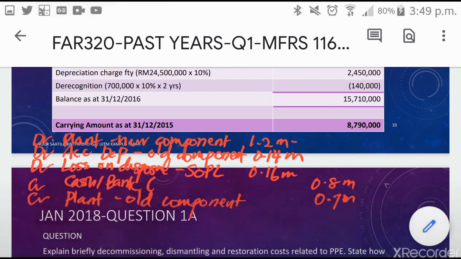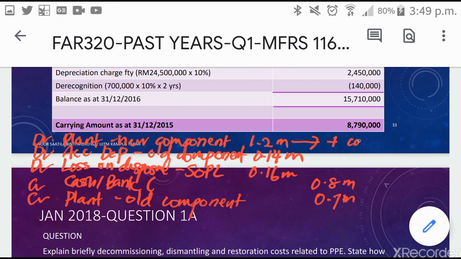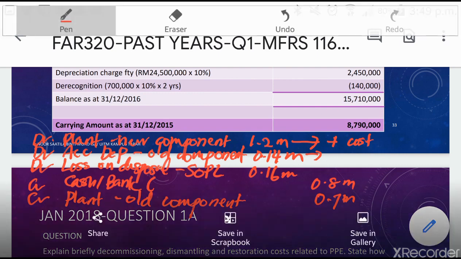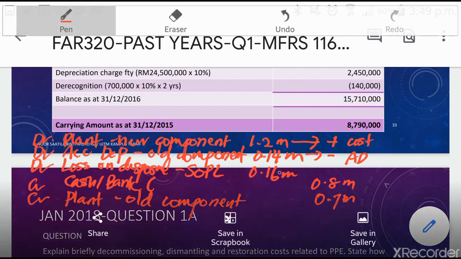So whatever you have here, the one that you debit is the one that you minus from the accumulated depreciation. The loss has no journal entry that relates to costs or to the accumulated depreciation, because the journal entry for loss was just to debit the SOPL and credit your disposal.